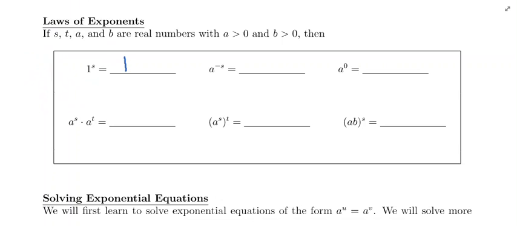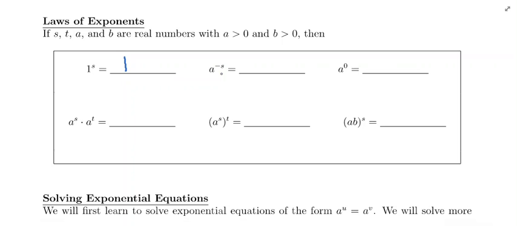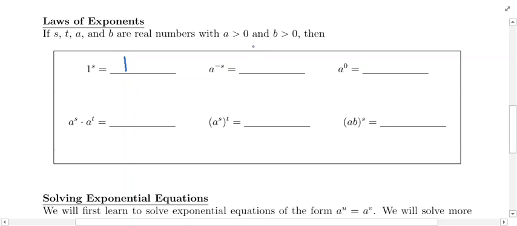Next, think of A as being a base. So A is raised to a negative power. We've seen in this section already how to eliminate a negative exponent. Negative exponents don't really make sense to us. So remember what you do to eliminate the negative exponent: you do 1 over the quantity.